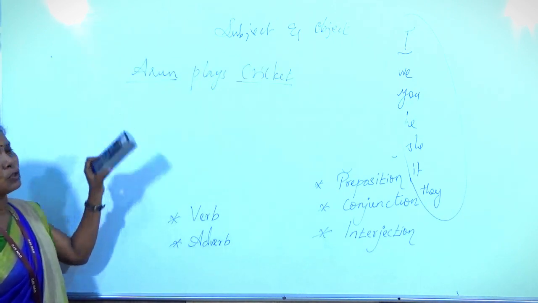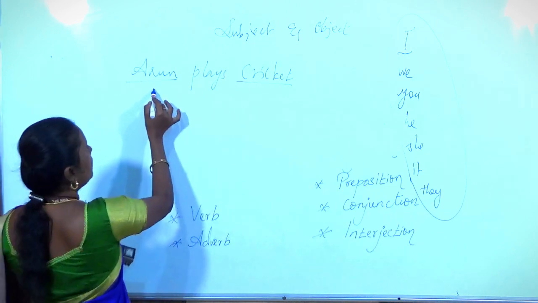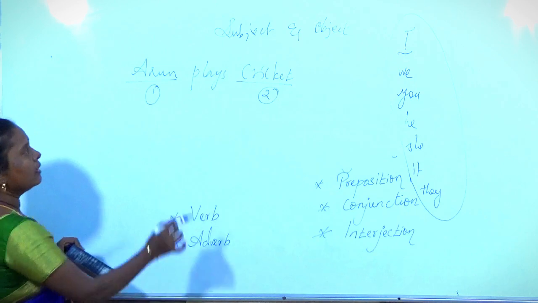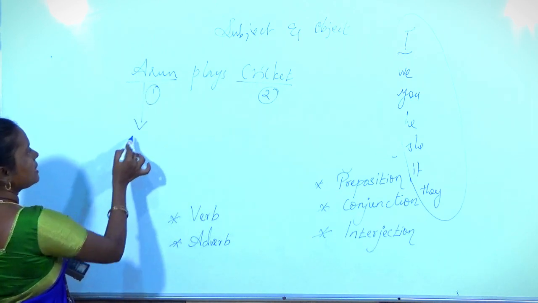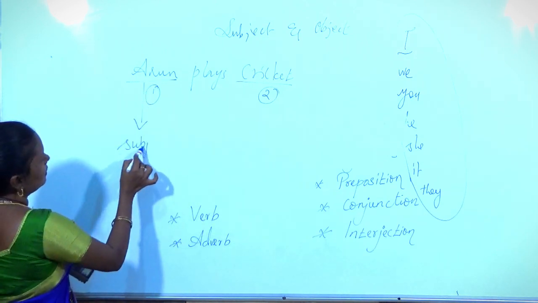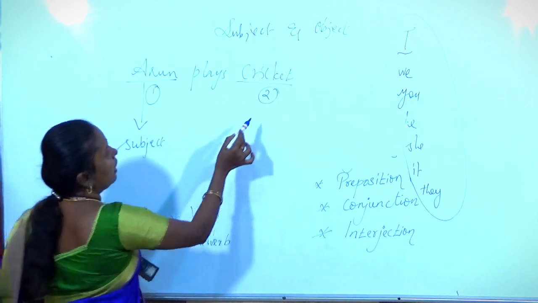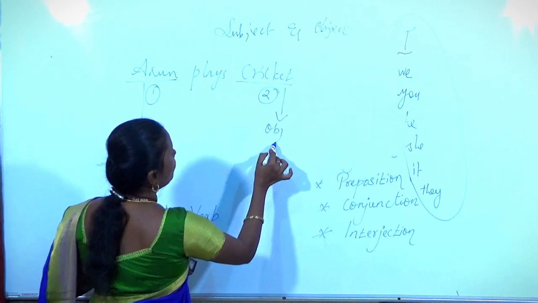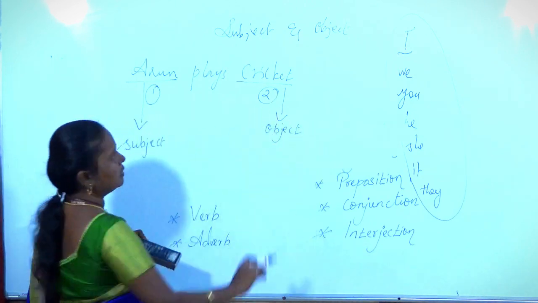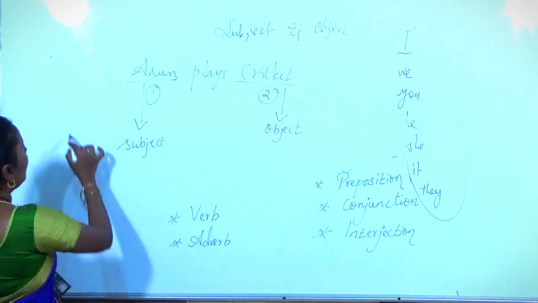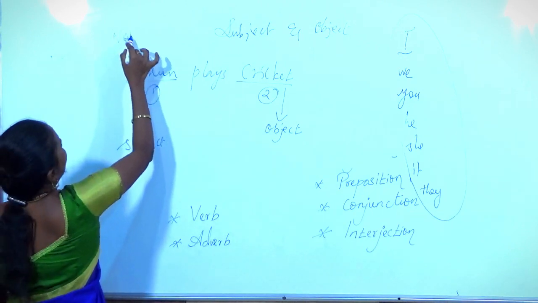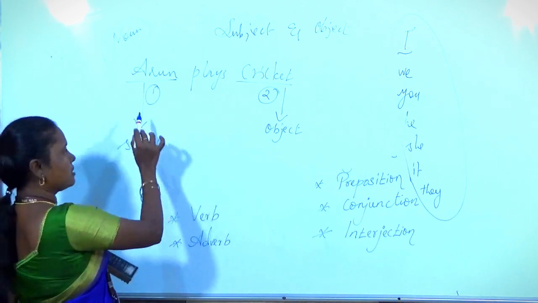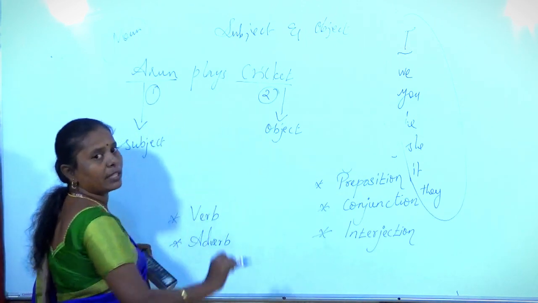There are two names: Arun is one and cricket is another. Arun functions as subject. At the same time, cricket functions as object. So noun functions as subject and object.